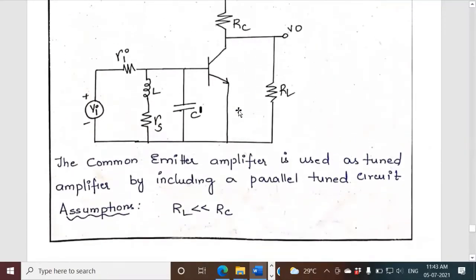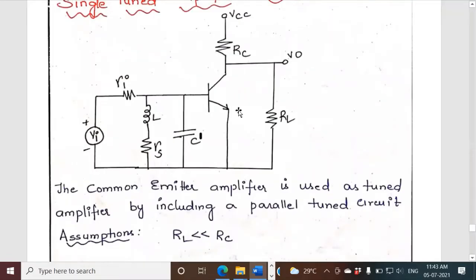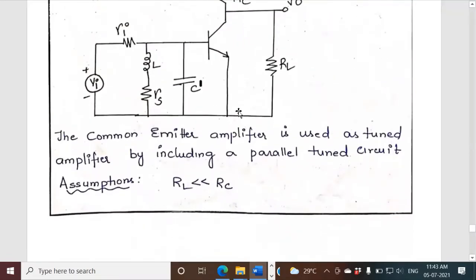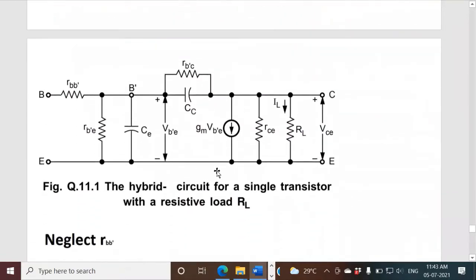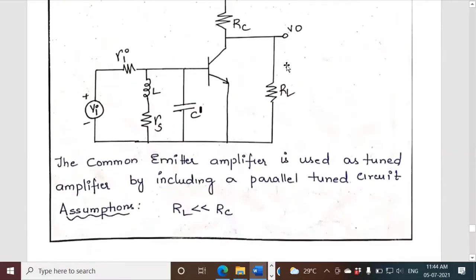In order to do that, we will first consider the equivalent circuit of the transistor, the hybrid pi circuit, for a single transistor with load RL. So this is the transistor alone till here. Additionally, we are considering RL because there is an RL here.